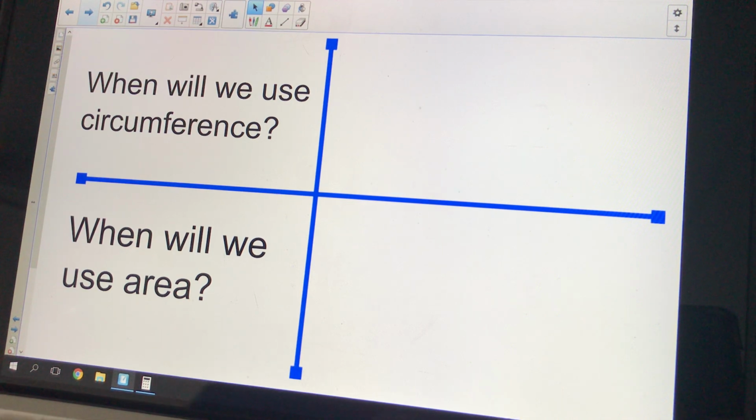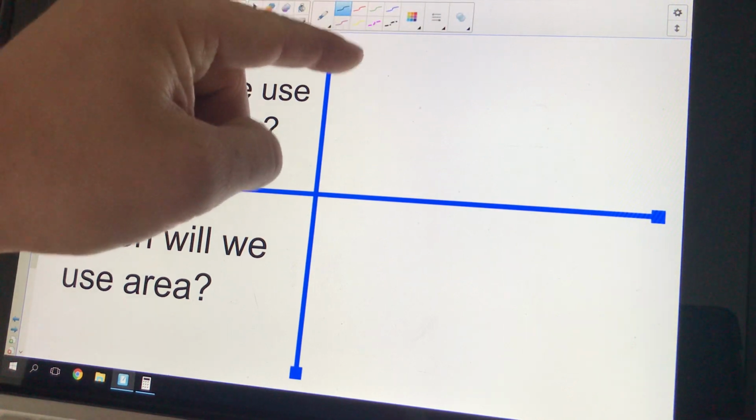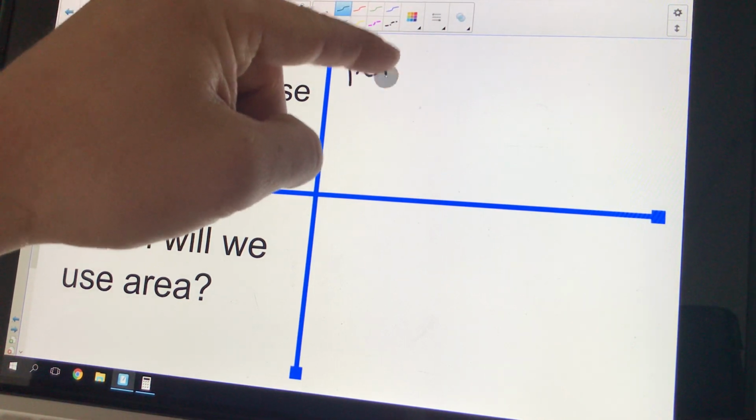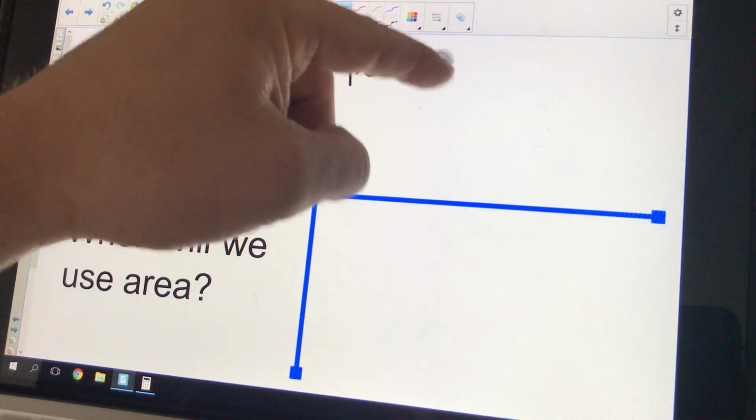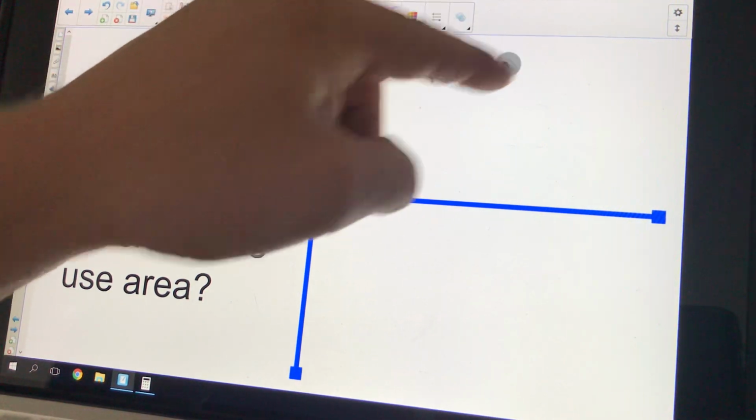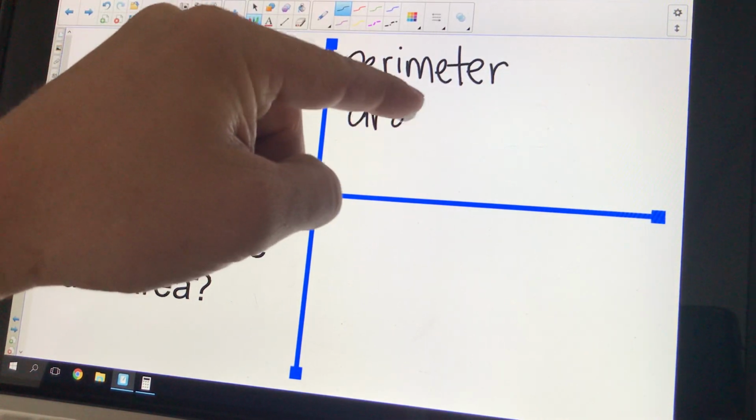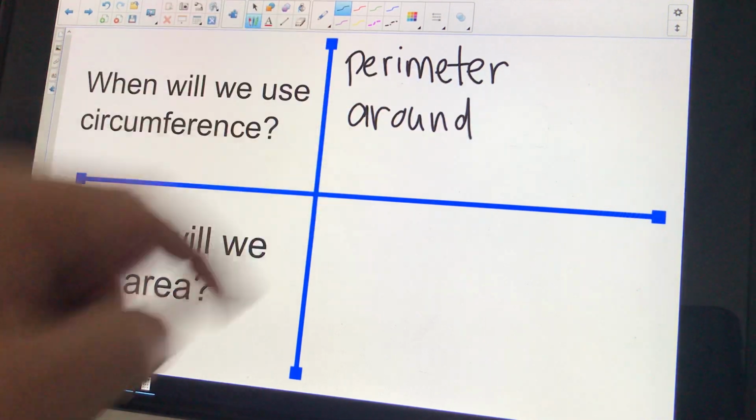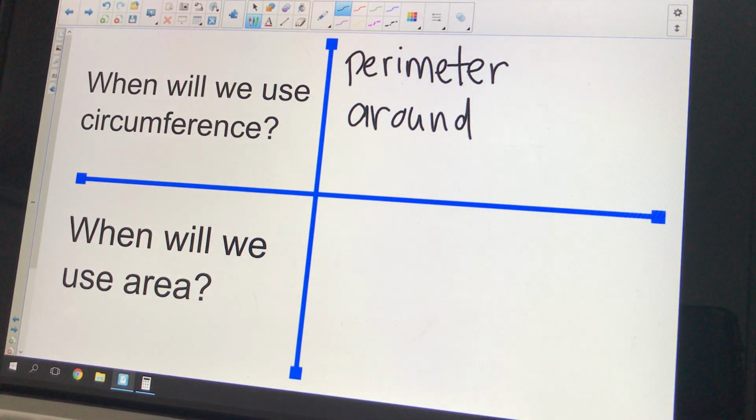So circumference problems, right? Because we're going around. We're thinking of it a lot like perimeter. So if the problem hints that we need to go around an object, it's kind of like the perimeter of a rectangle or a square or a triangle.